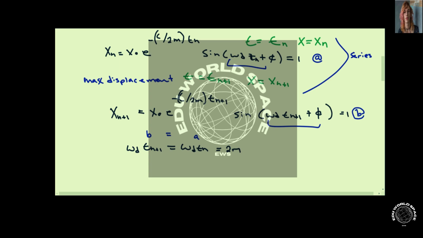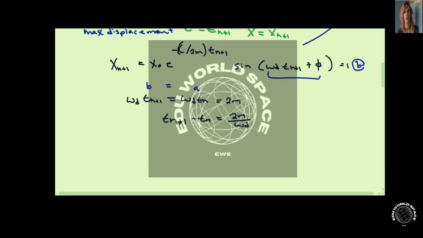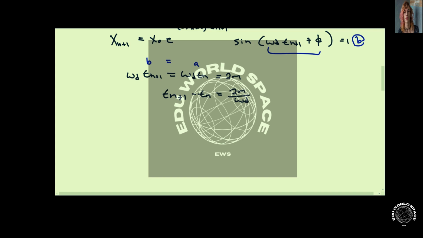We bring this over to here, and we end up with w d times tn plus 1 minus tn equals 2 pi. Now we're just going to have this divided by each other.